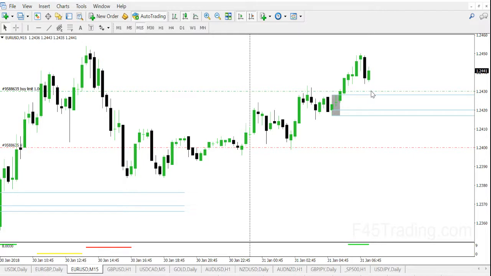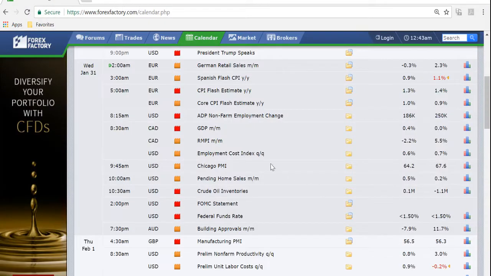I'm gonna leave my levels in here, see if price wants to come down. There's one more news driver, like I was saying, in about 35 minutes, and then some high impact at 5 a.m. So it's going to be interesting to see what's going to happen.